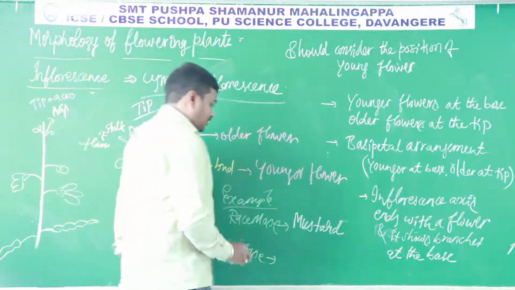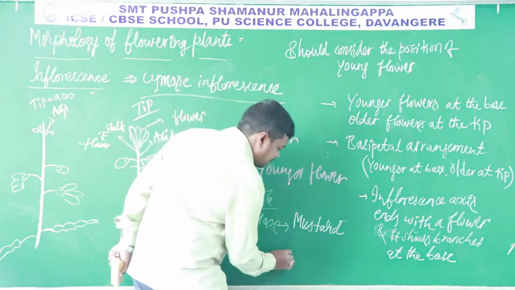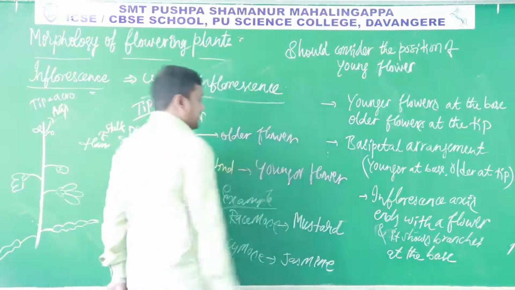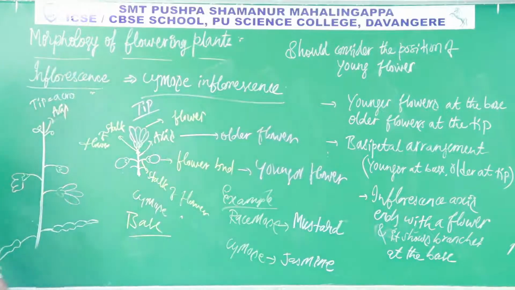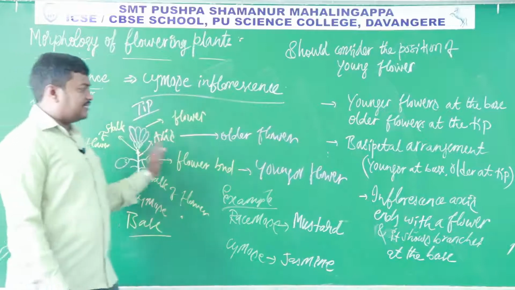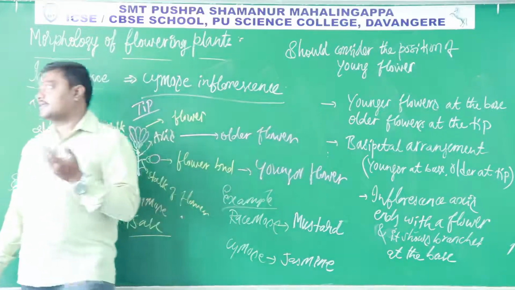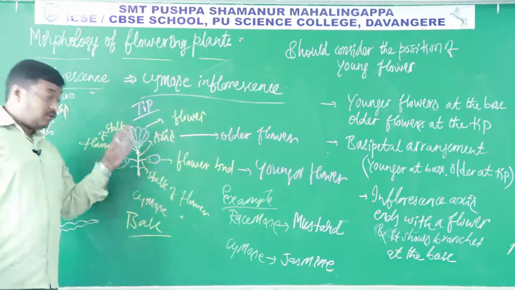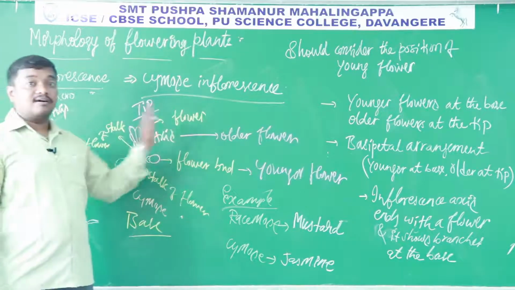So mustard for racemose, and an example of cymose is jasmine. Jasmine has cymose inflorescence. Of course you can observe in nature. If you naturally observe, different types of patterns of flowers can be seen, and you can identify whether it is cymose or racemose.